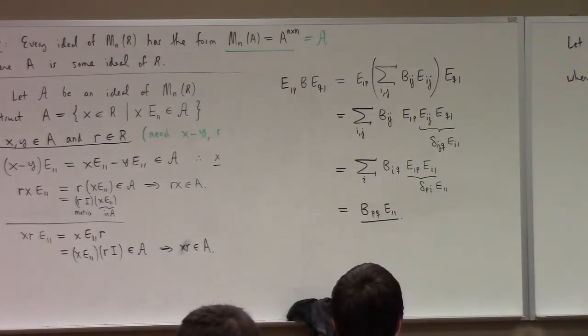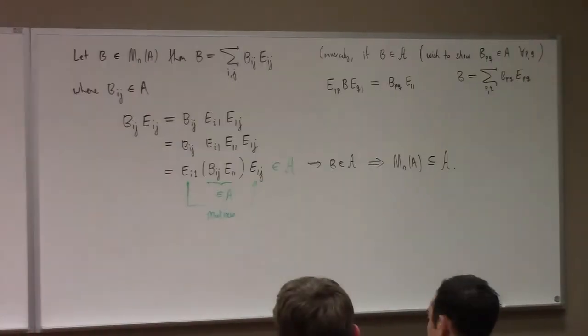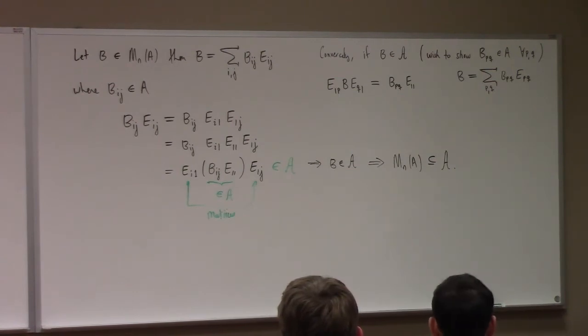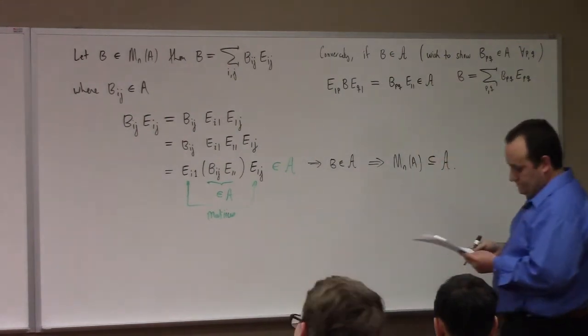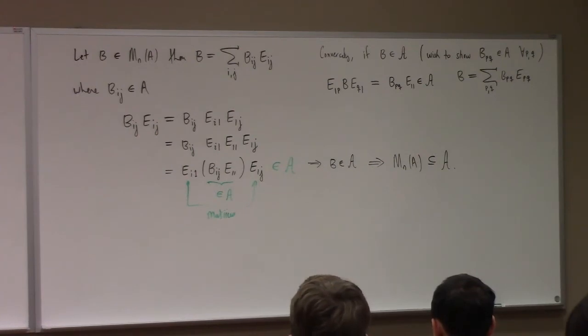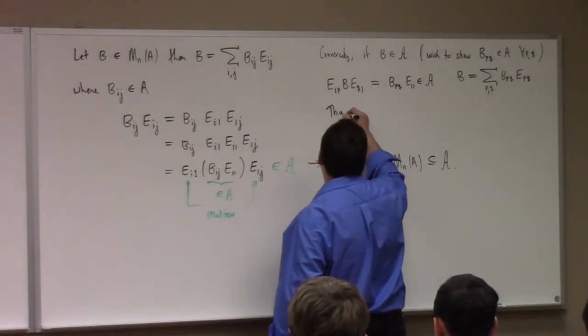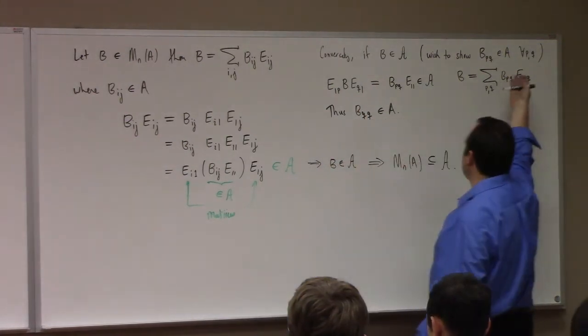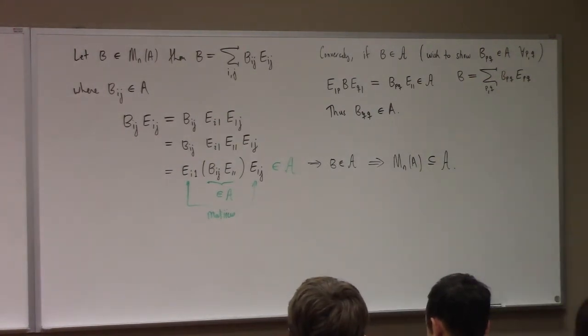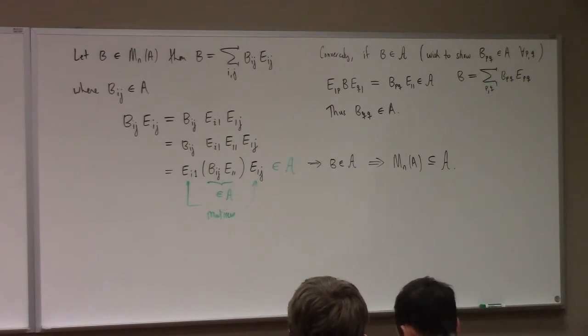But what does it show? Right, so this is an element of script A. Thus b_PQ is an element of the non-script A, which is all I needed to prove that everything in the ideal is in fact built from a matrix over this ideal A.